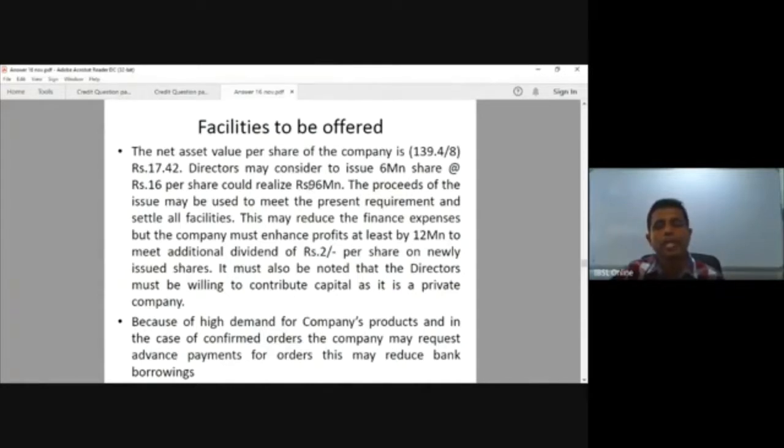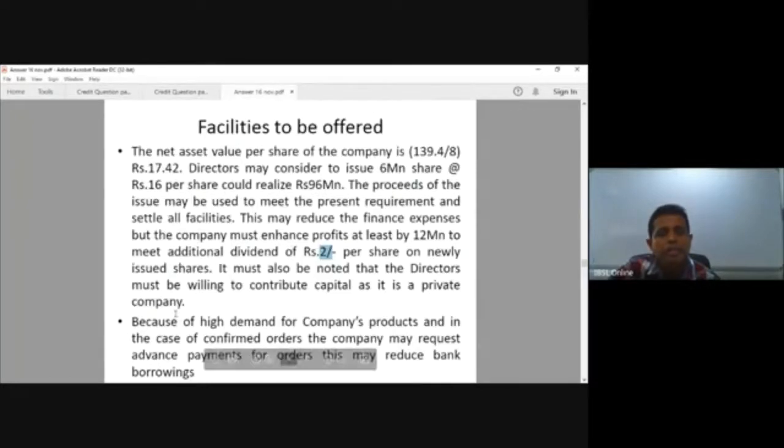Since you are paying a higher dividend, right? This may reduce the finance expenses, but the company must enhance the profit by at least 12 million, right? Now, when you are issuing 6 million shares, you have an increased dividend per share also. If you declare 2 rupees per share, you have to increase profit by 12 million, right? That is another option.